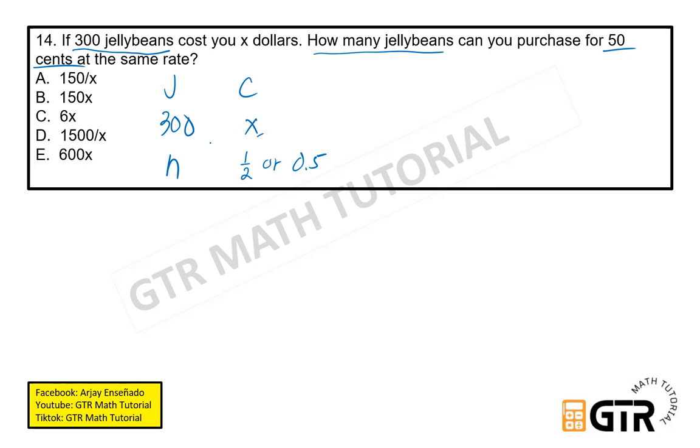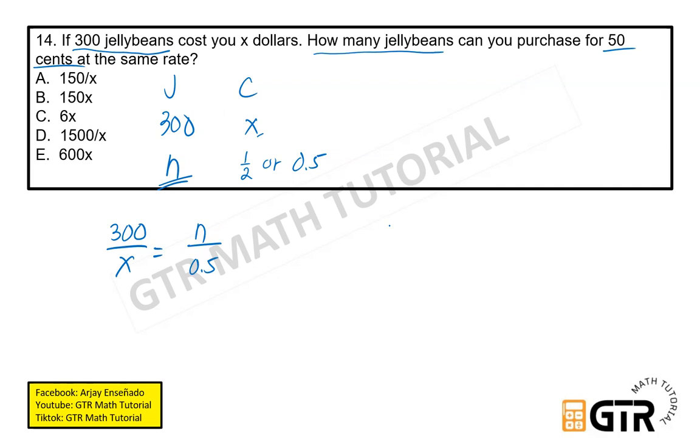So tapos ngayon, iset up na natin yung magiging proportion natin, and then kailangan natin isolve itong n. Okay, so pwedeng fraction: 300 over x equals, jelly bean lagi ang una, n over 1 half or n over 0.5.